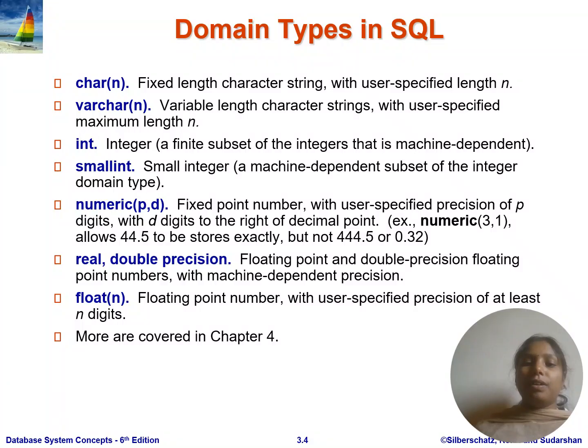For example, numeric(3,1) allows 3 digits, so you can store exactly 44.5, but not 444.5 or 0.32. Real, double precision, and float let us store decimals in SQL.